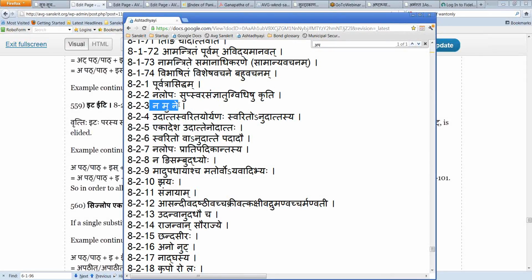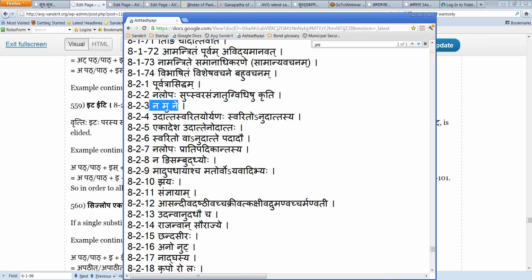So if you ever see purvatrasiddham which is not being honored or followed, and you're wondering why that is, come to this 8.2.3. Of course 8.2.2 we have studied, and 8.2.3 also we have studied in forming the word amuna. But 8.2.3 has a number of vartikani which we can keep in mind.